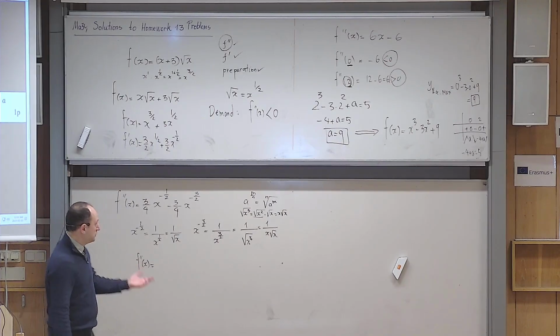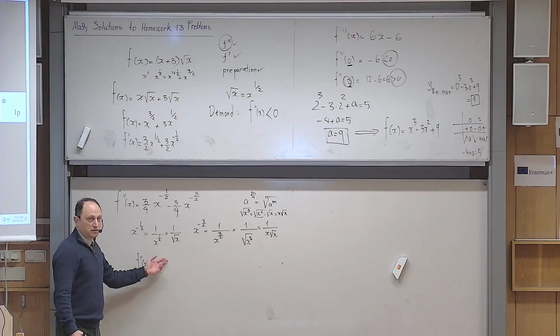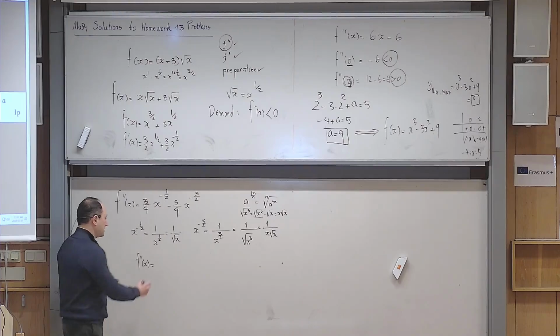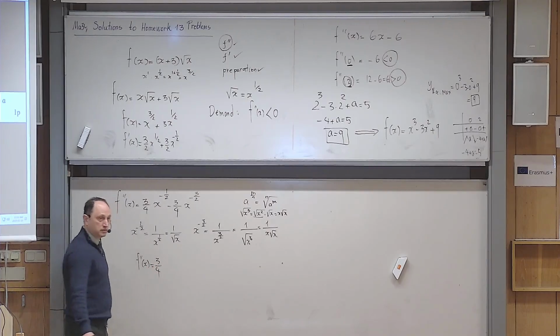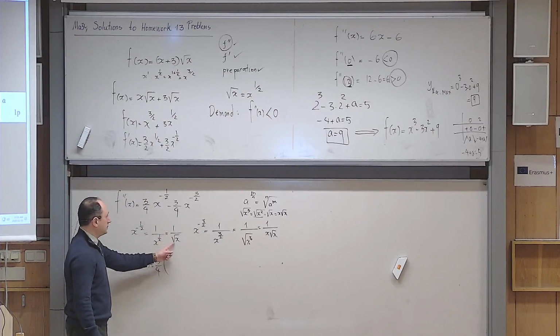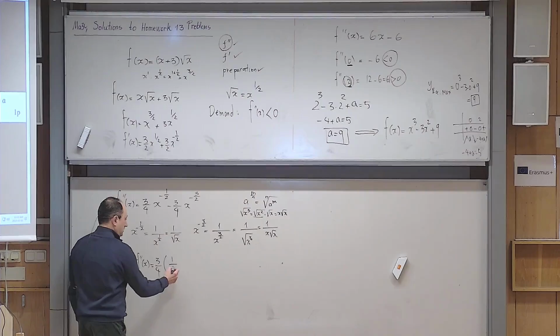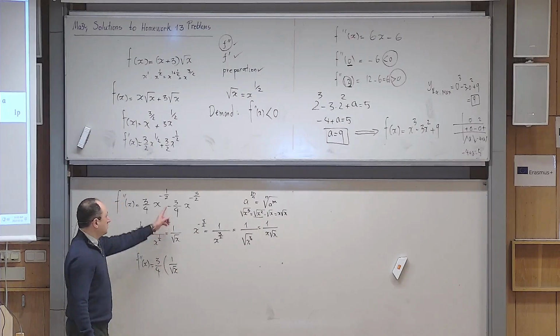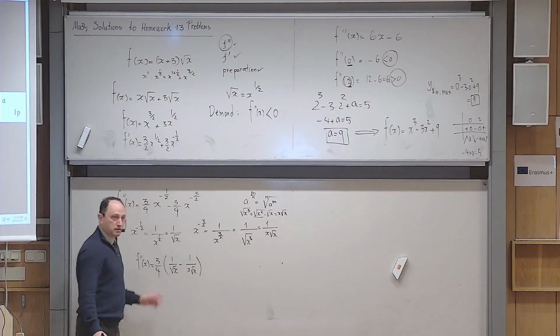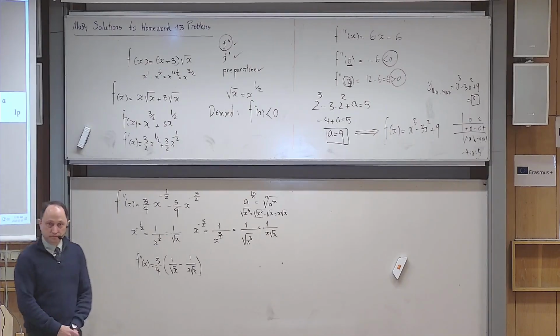Do you think that I will do something here? Because this was not something I could see a priori. I can see that they are the same, so I factor it out. Okay? So what is happening here? Instead of this expression, I can write this. And instead of that expression, I write minus 1 over x squared root of x. Do you see that? Yes or no?